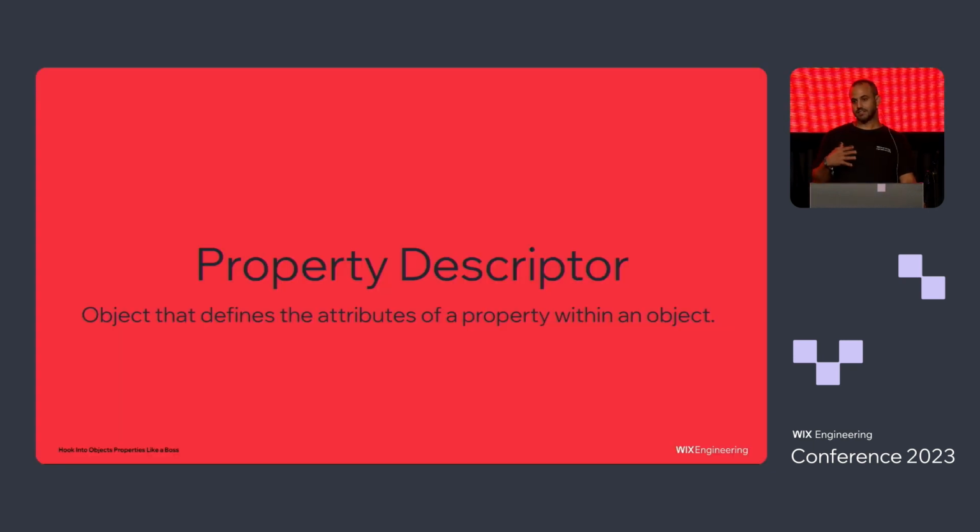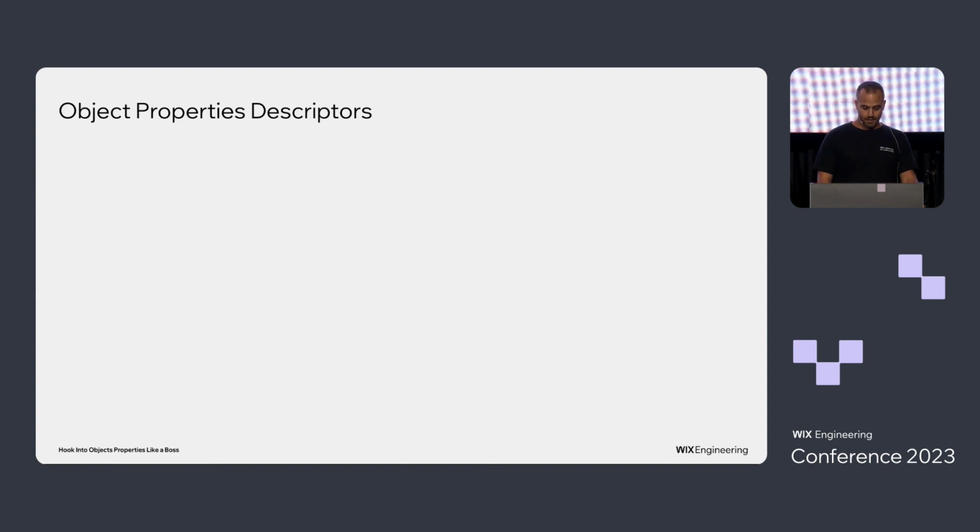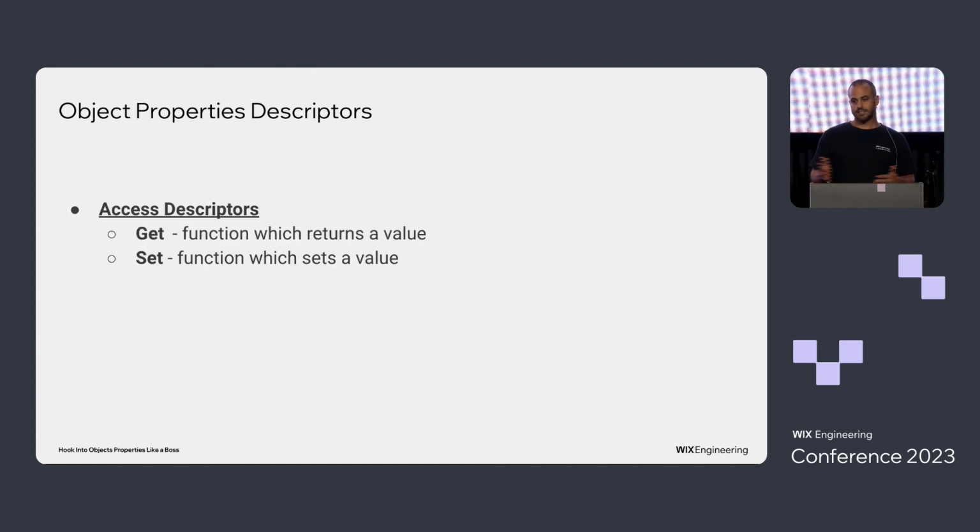And there's something very nice, which is called a property descriptor, which is basically an object that defines the attributes of a property. What does it mean? It means that there are access descriptors. Access descriptors are ways to change how JavaScript treats a property when some other code tries to get it or to set it.